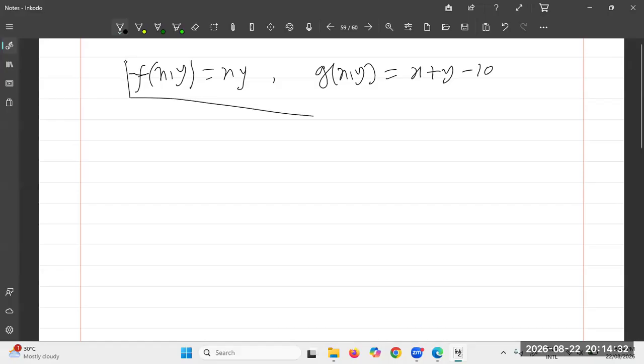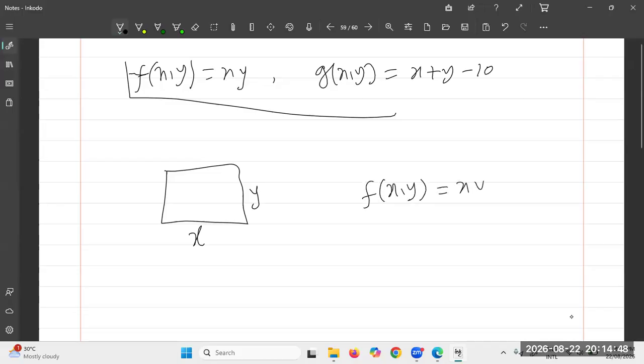So if you forgot about the g of x comma y, basically it was like this. We have considered our length of the rectangle is x and width is y, so we need to maximize the area. The area of this rectangle is x times y, and our restriction was x plus y plus x plus y must be 20. So that is twice x plus twice y equal to 20.